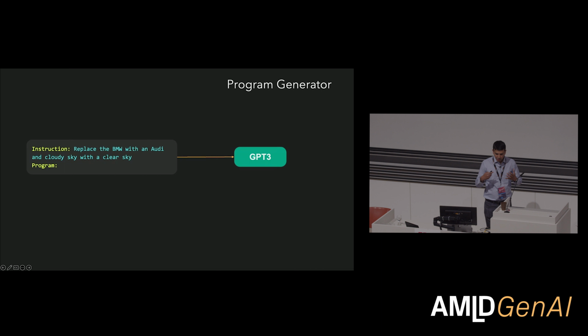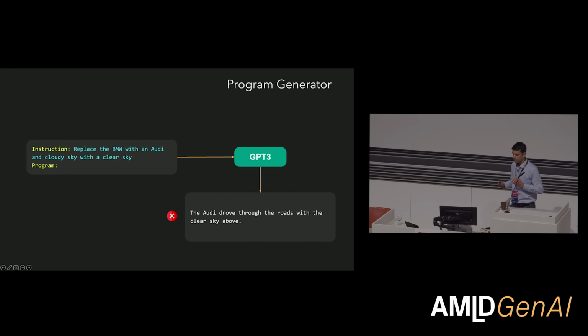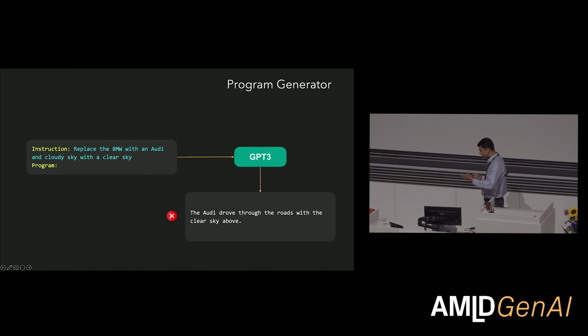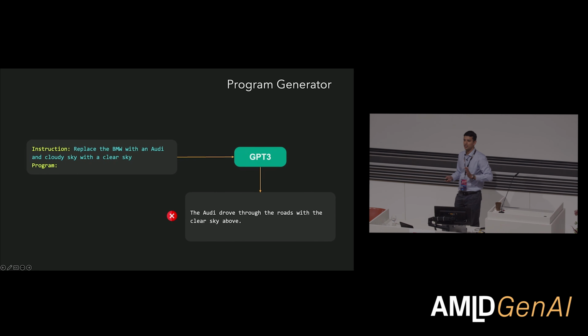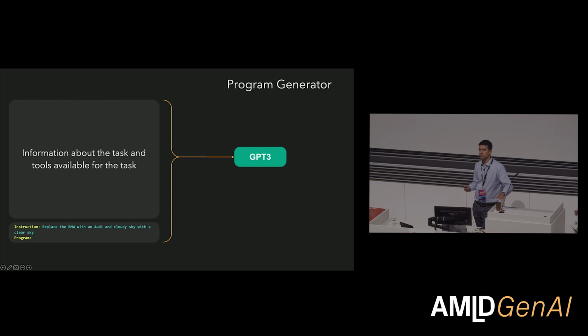And so one way to get this program is simply to ask a language model. But it turns out if you just ask a language model, I'm saying GPT-3 here because this work was done at the end of last year. Things have moved a lot, but these things still tend to hold. If you ask a language model to generate the program, you get something that's undesirable. And that's because the language model doesn't know what you're trying to do.